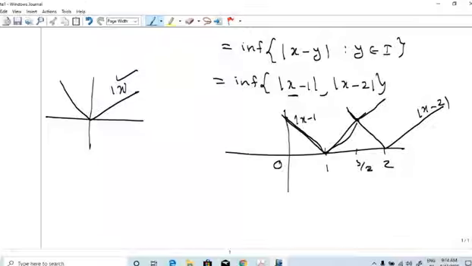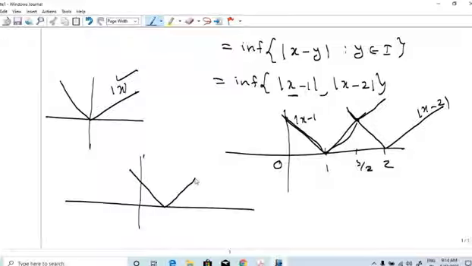So I draw here. The lower graph looks like this one. So this is 1 and 2. This is the graph for the infimum of modulus of x minus 1, modulus of x minus 2. So this is the infimum.